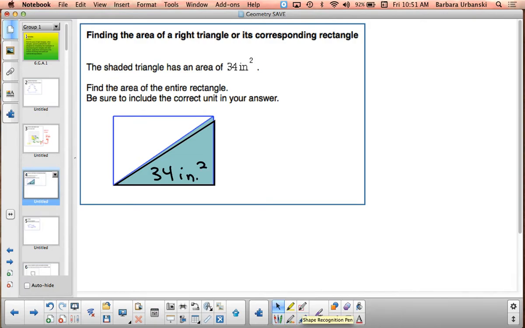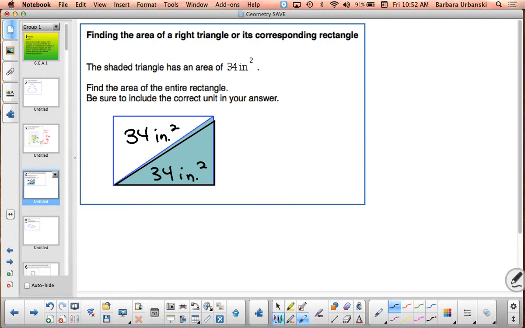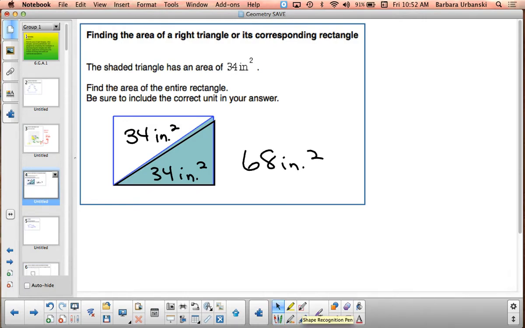They said find the area of the entire rectangle and be sure to include the correct unit in your answer. If this particular triangle is 34 inches squared, then we would have to double it, and the other area would be 34 inches squared. And so we would add them, find the sum, and we would have 68 inches squared. And that would be your answer.